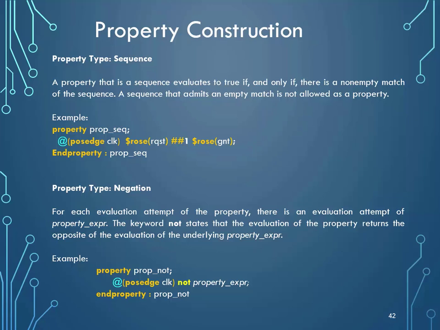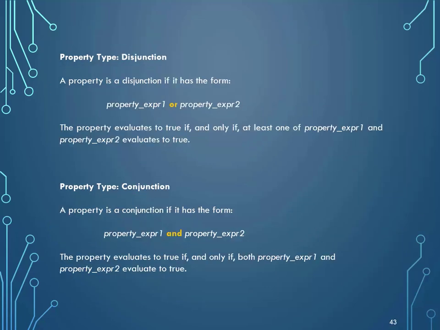So negation. Again, we can have a property or an expression to be true or not all the time. It can even be a variable, just a counter to be true, or a reset to be present, etc. We can negate. Then disjunction.